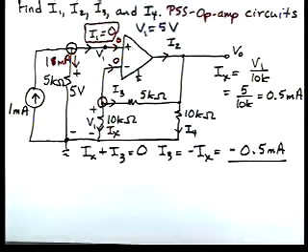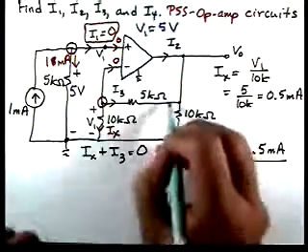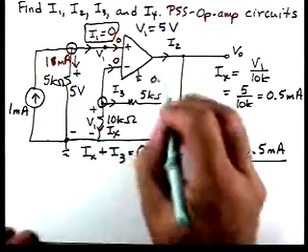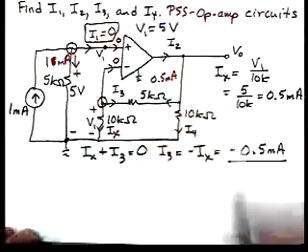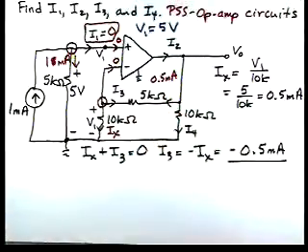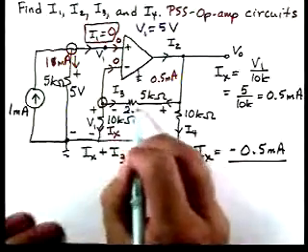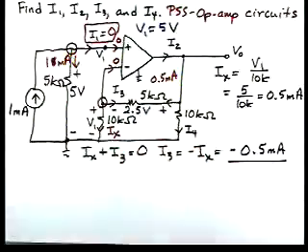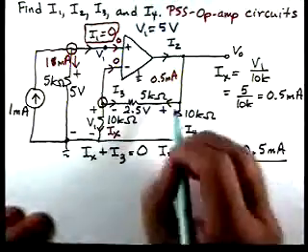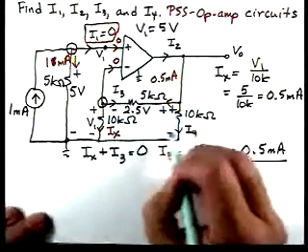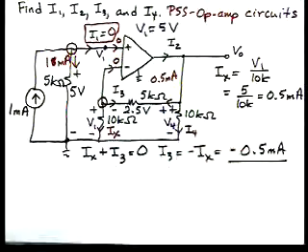And if we look then, the current flow in this direction is 0.5 milliamps. Then the voltage across this resistor with this polarity is 2.5 volts. Now let's define a voltage V4 across the 10K resistor.